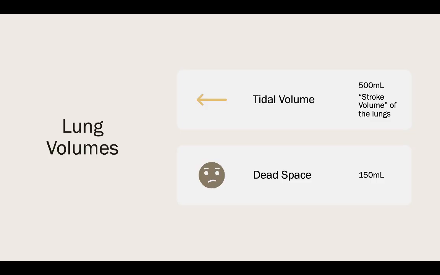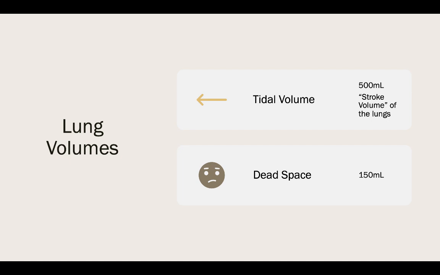While we're talking ventilation, we'll talk about lung volumes, and a really important one is our tidal volume. Typical tidal volume is somewhere around 500 milliliters. This is going to be dependent on your patient's size and their ideal body weight. So we take height into account and calculate ideal body weight based on their height, and what their tidal volume should be.